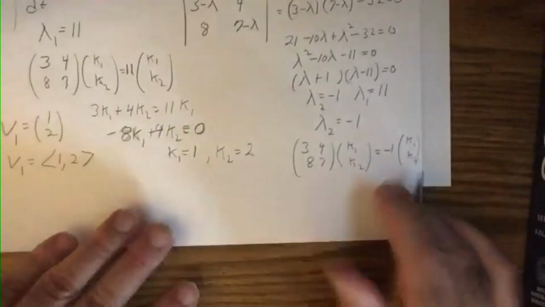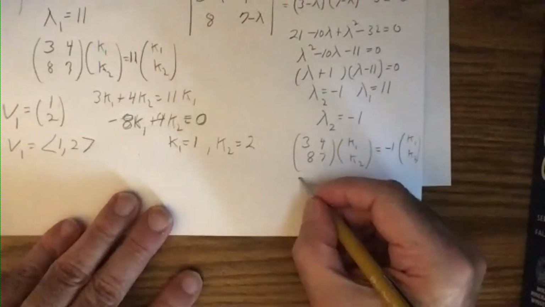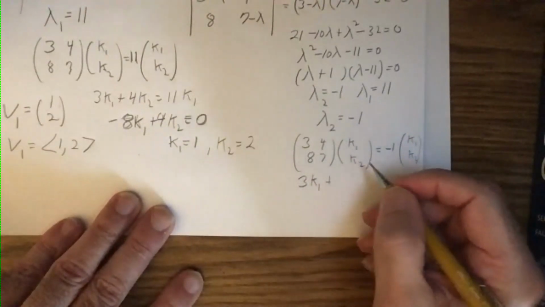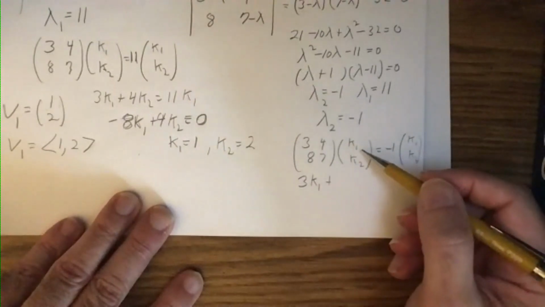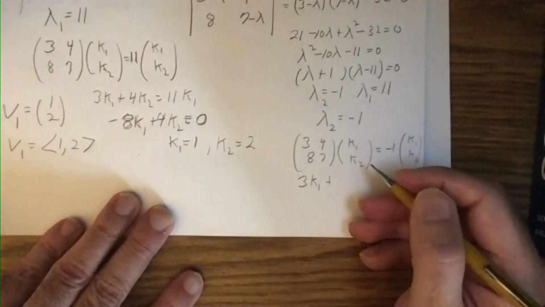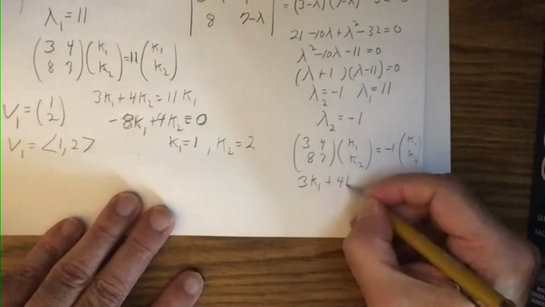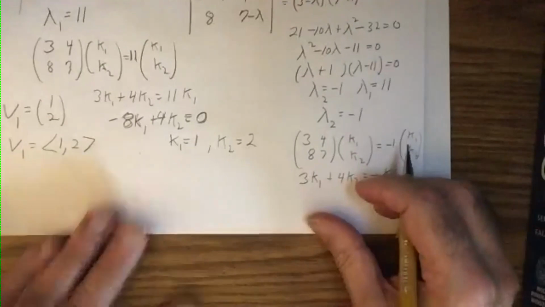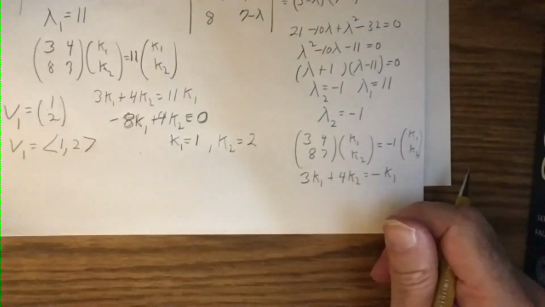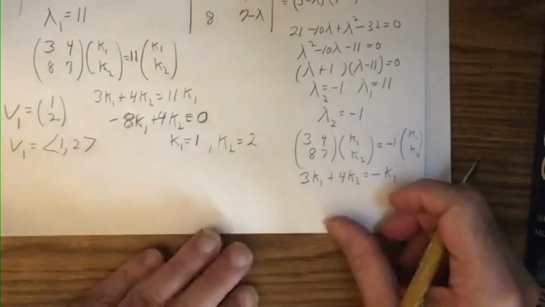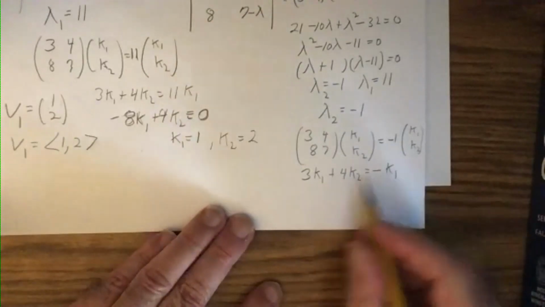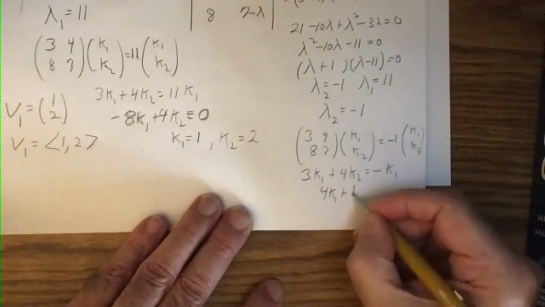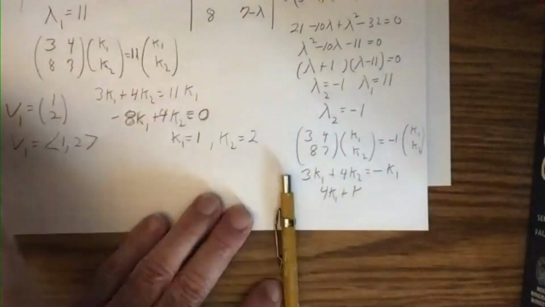So I'm getting 3K1 plus 4K2 is equal to minus K1. This is telling me that if I bring this over to here, I could write this as 4K1 plus 4K2 is equal to 0.